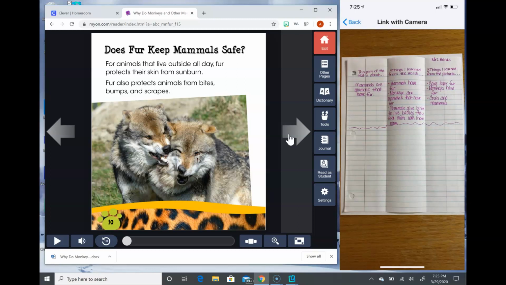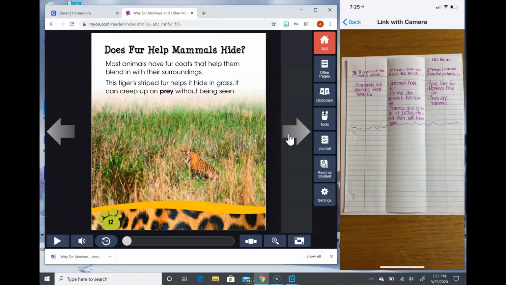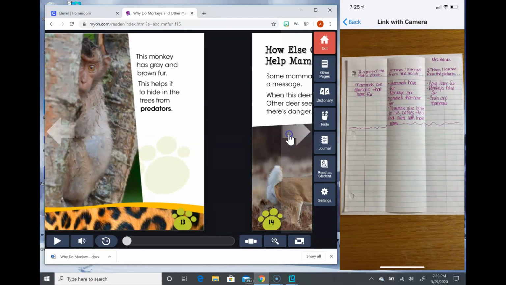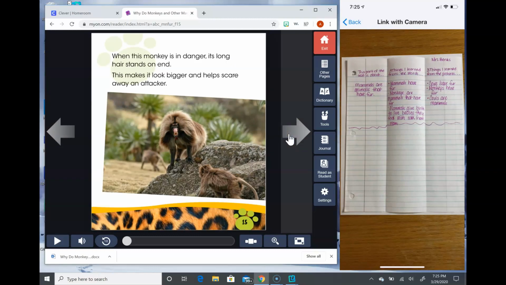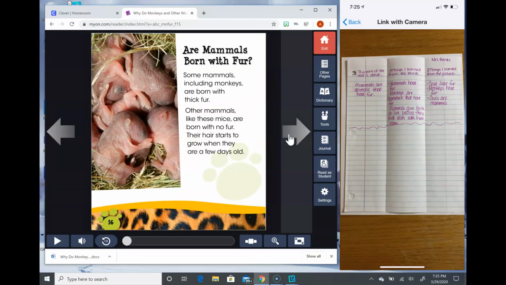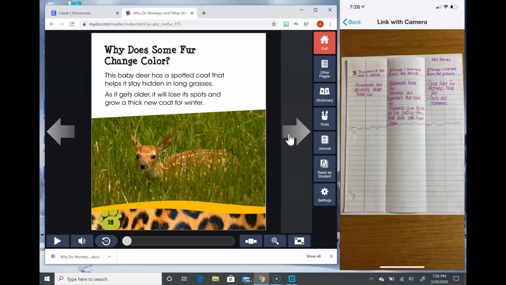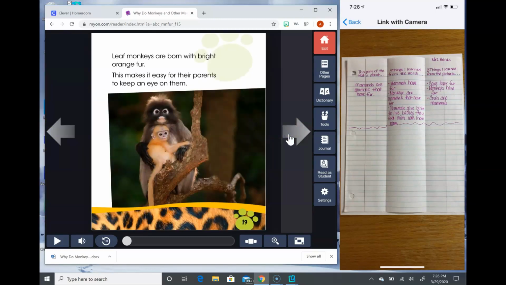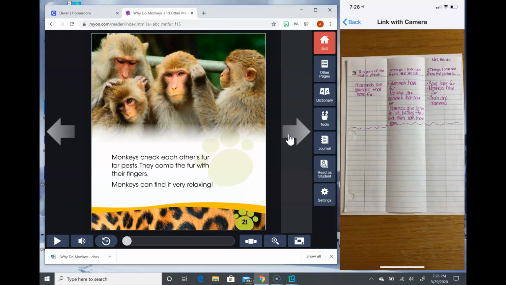So now you're going to read pages 10, 11. Then you're going to read page 12 for the next day. Does fur help mammals hide? Page 13, and then page 14 and 15, and then 16, 17, 18, 19, 20, and 21.